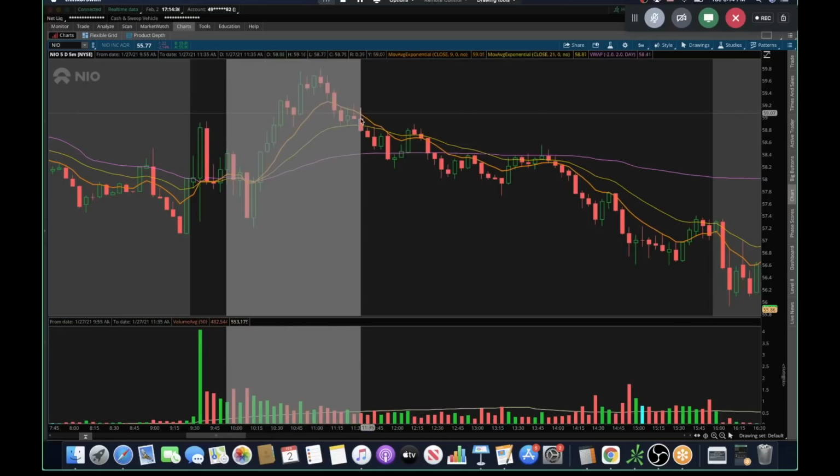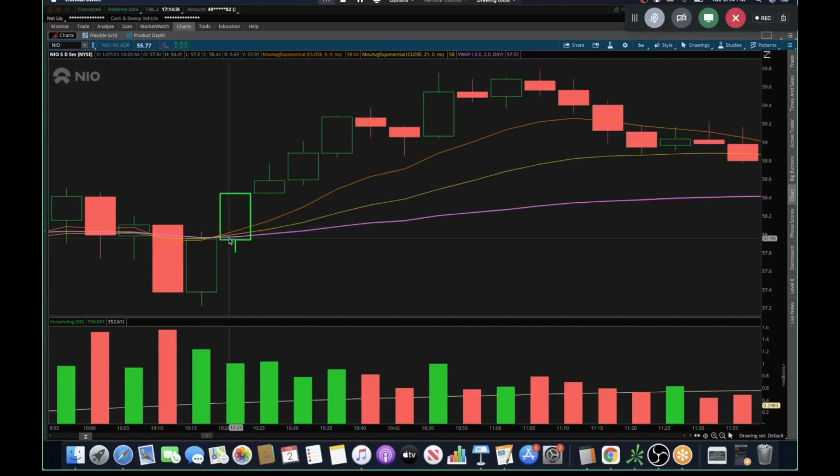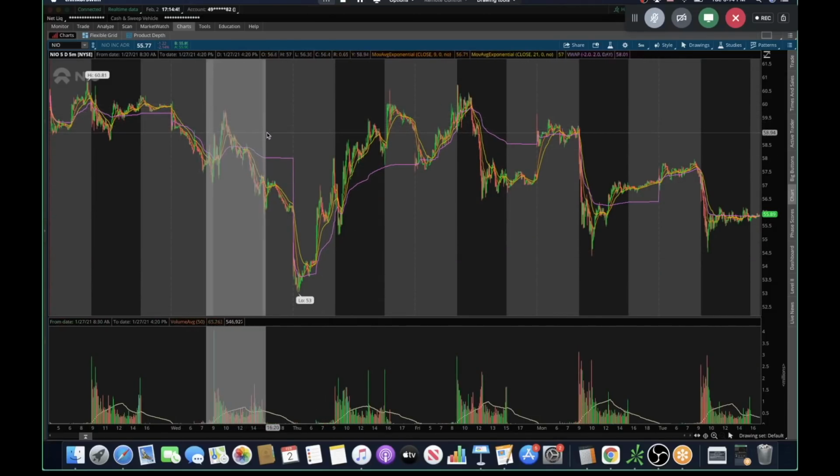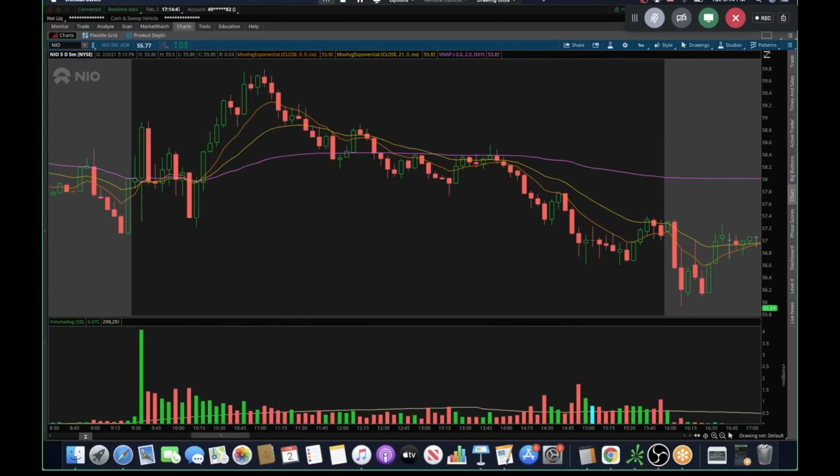So if we look right here, you can see that the VWAP crosses below your EMAs, okay? This signifies that the stock is going to start an uptrend, or it's already on an uptrend. So if a stock trends above the VWAP, uptrend; below, downtrend.